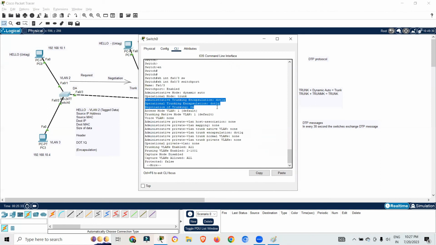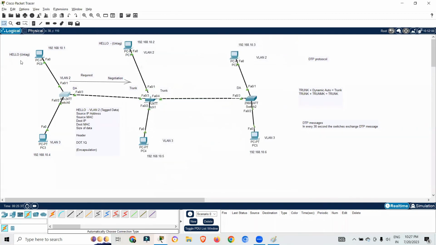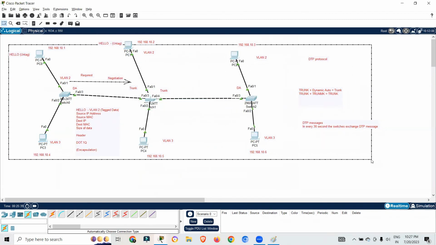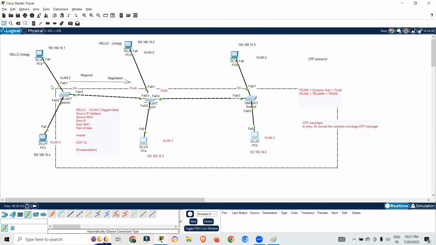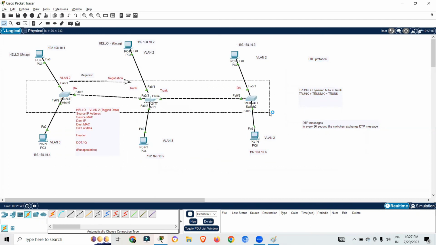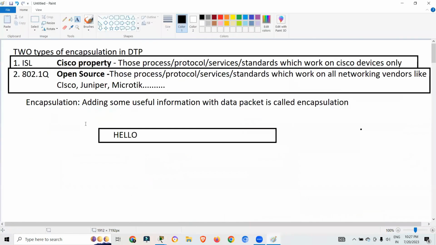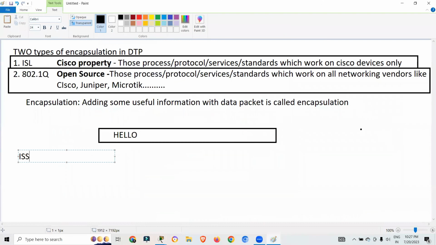So what was the problem with ISL? Why is Cisco not using ISL? This is another question, because here all of the switches are Cisco, but I'm not using ISL. So there is another issue with ISL.